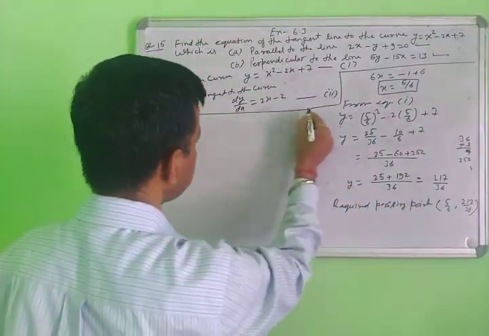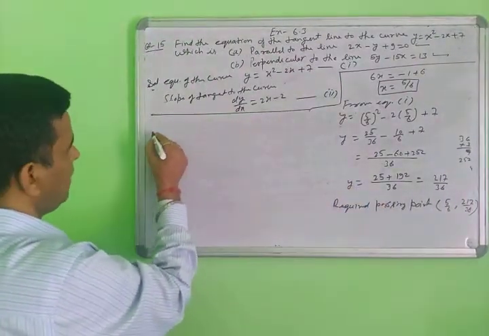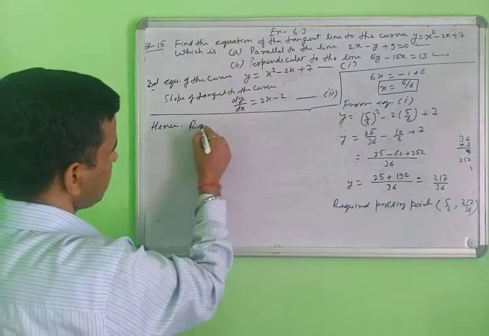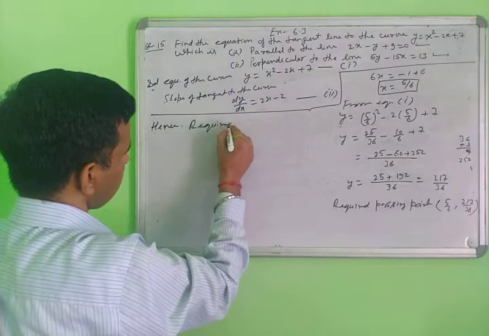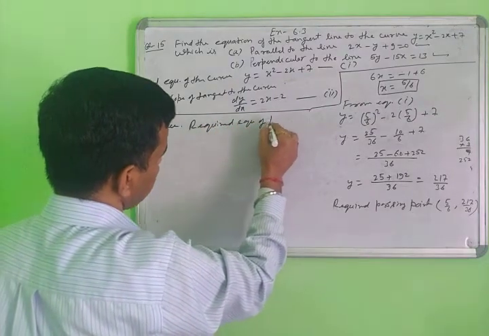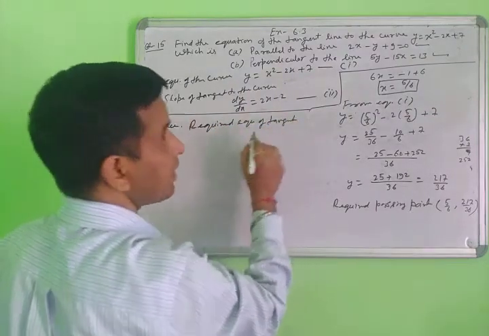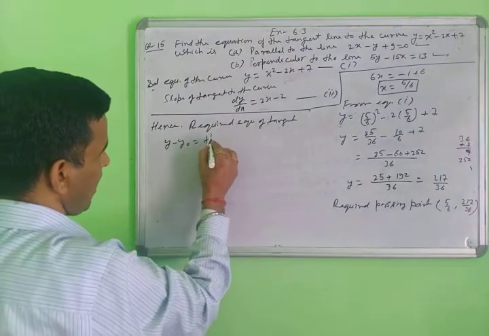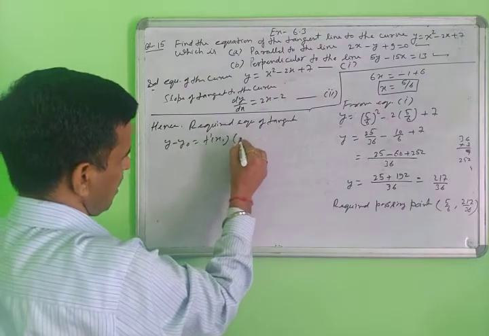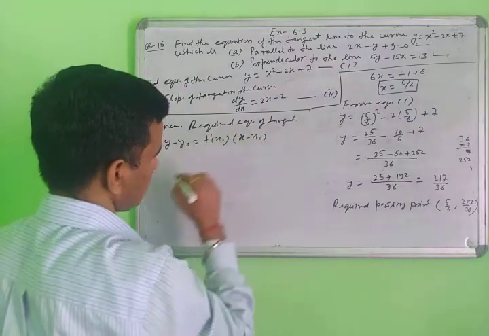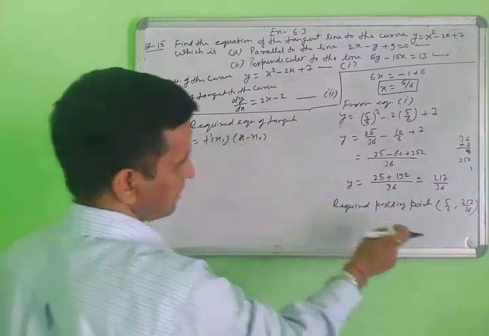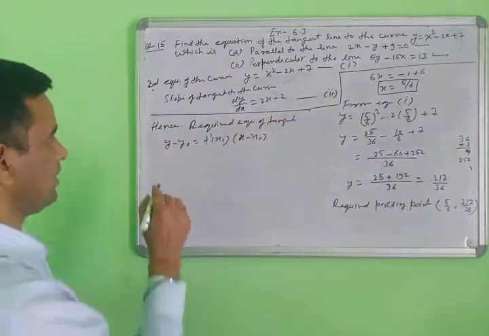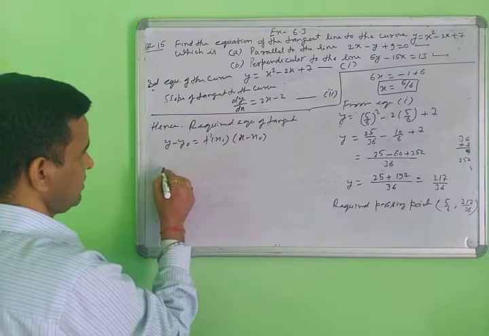Then we will write the equation now. Hence the required equation of the tangent is y minus y naught equals f dash x naught into x minus x naught. Here x naught, y naught are given, and the slope of the tangent you already found: minus 1/3.